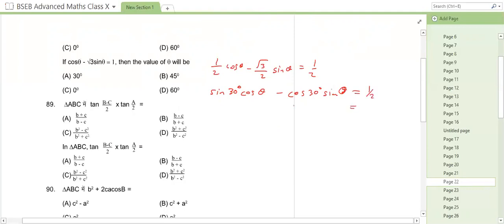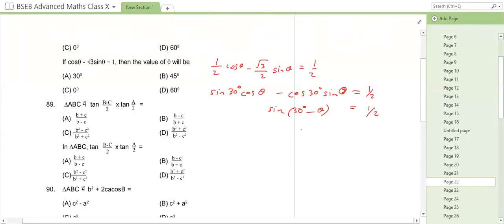Next, expansion for sine of 30 degrees minus theta is equal to half. So this is sine of 30 degrees minus theta is equal to half.